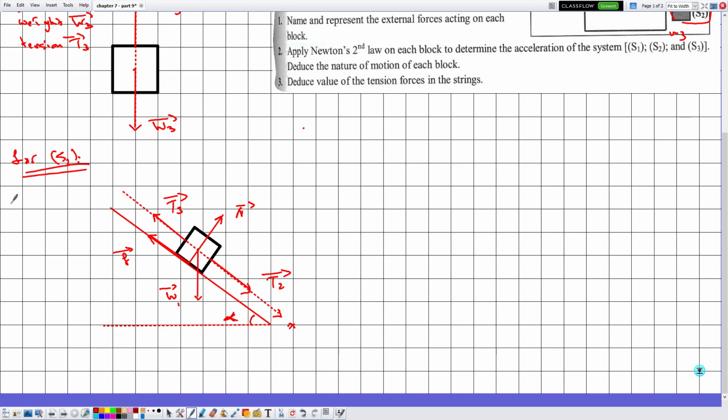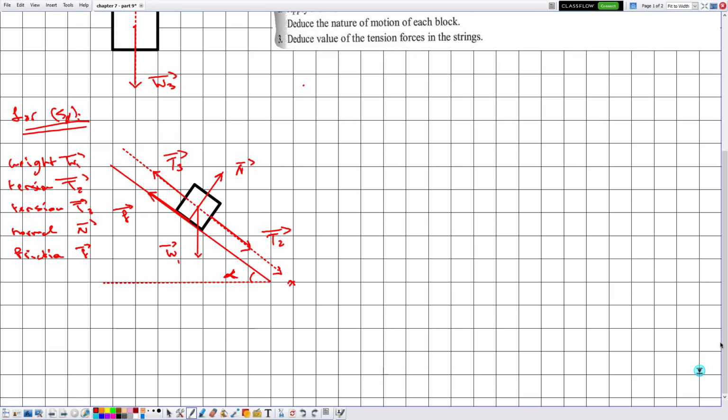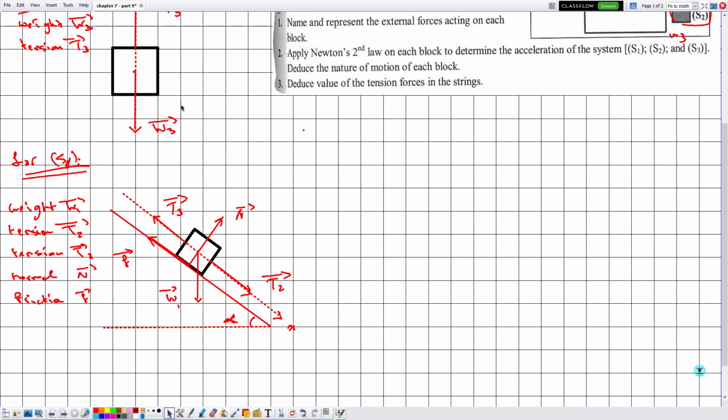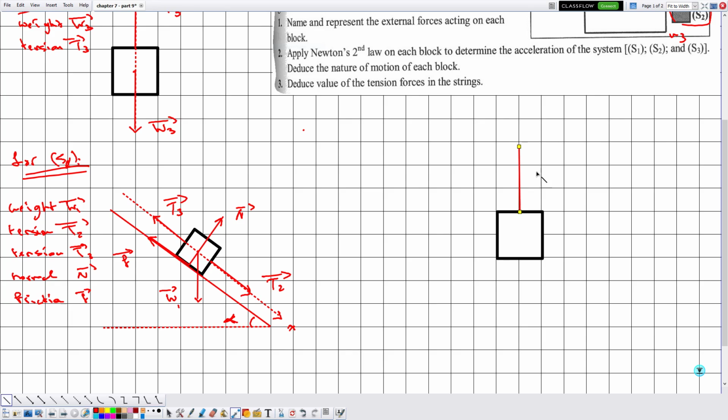For S1 we have the weight W1, the tension T2, the tension T3, the normal N, and the friction F. Now as for the solid S2, we have the tension which is vertically upward like this. We have the weight which is vertically downward like this.